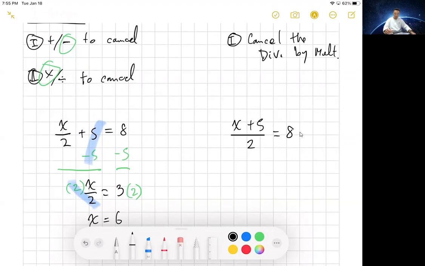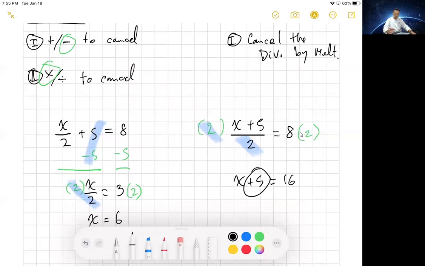That's the first thing you gotta do. You gotta cancel the 2 first and the 5 after, unlike this other problem. So we are gonna multiply by 2 here, multiply by 2 here. And so then the 2's cancel. Then I got x plus 5 equals 16.